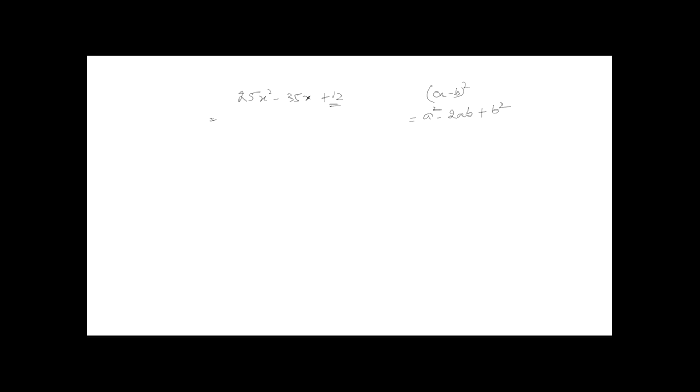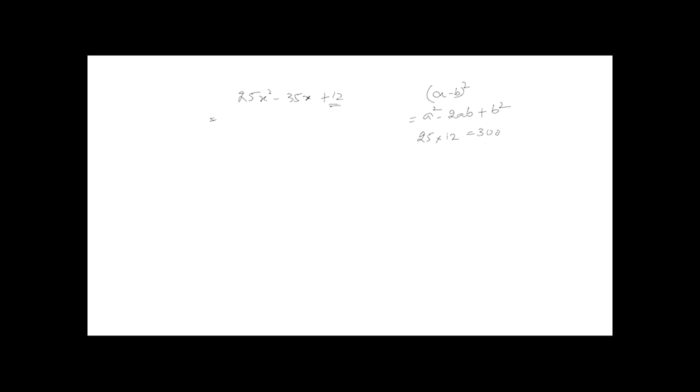Now, can we take any common factor here? No, ma'am. Correct. So multiply 25 and 12. How much is that? 300, ma'am. 300. Now, we have to find the factors of 300.